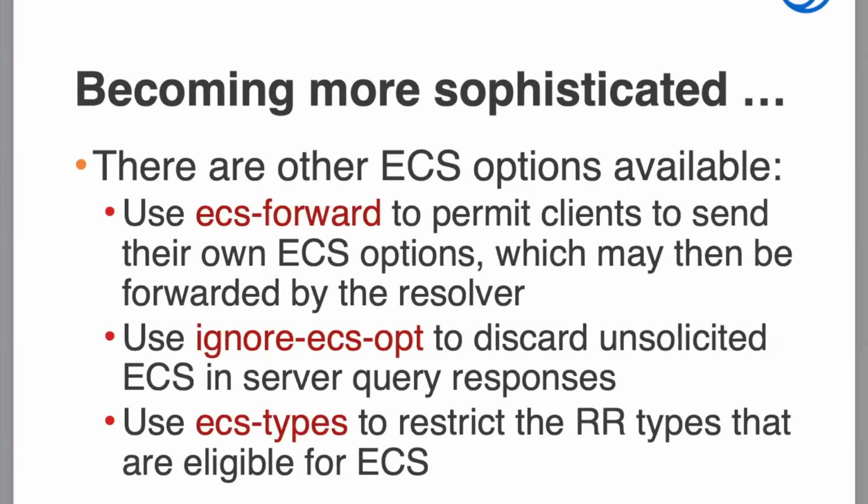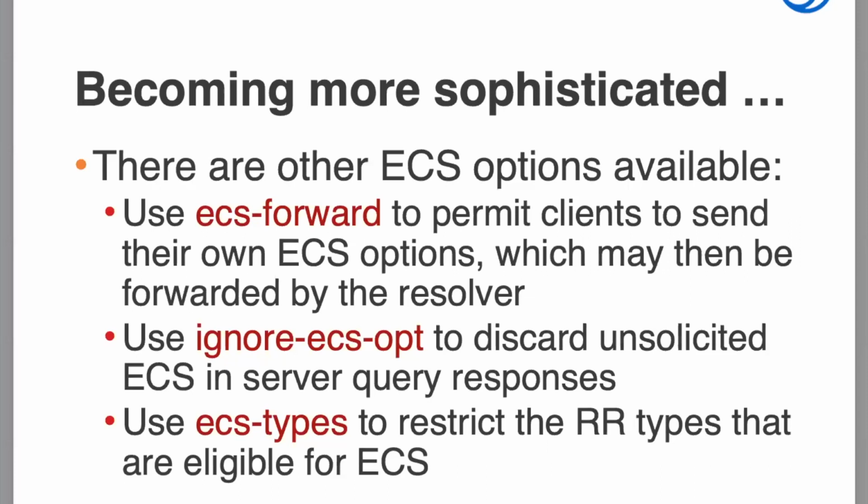There is an ignore ECS option. So you remember I said that the S Edition out of the box without any ECS configuration knows nothing about ECS and behaves just like open source bind. But as soon as you have started to configure ECS, it then does one or two things slightly differently.